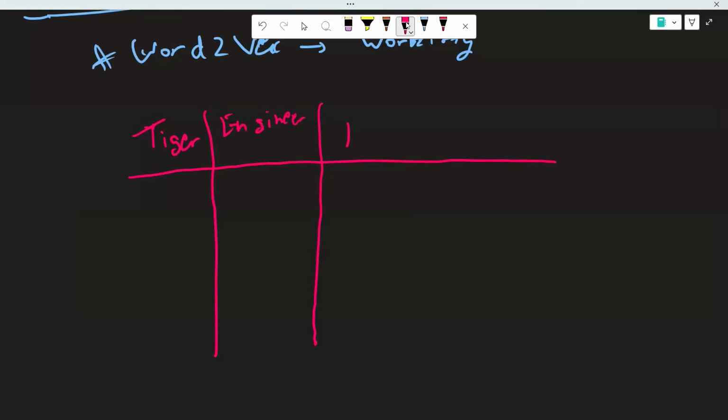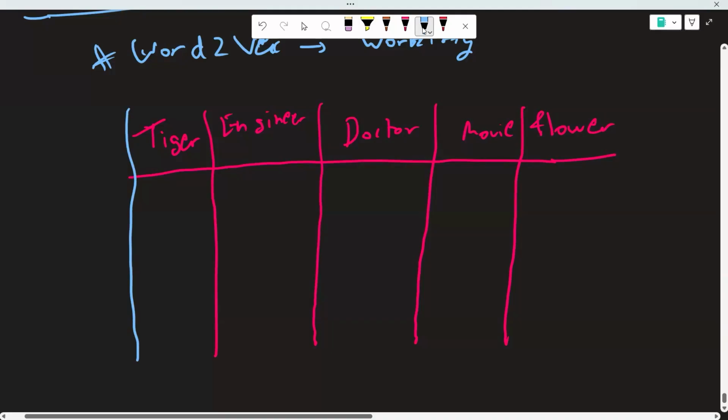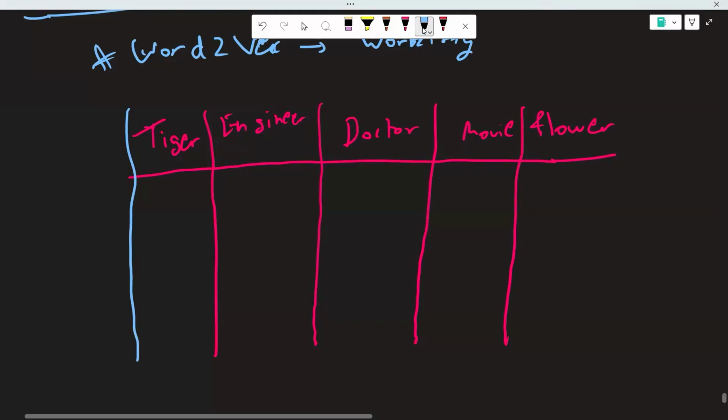Third one is, let's say, doctor. Fourth one is, let's say, movie. And fifth one is, let's say, flower. Now, let's say we have some more words in corresponding rows. I'll explain what is happening.